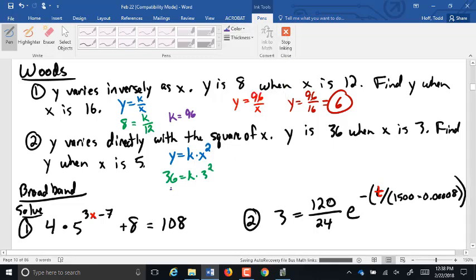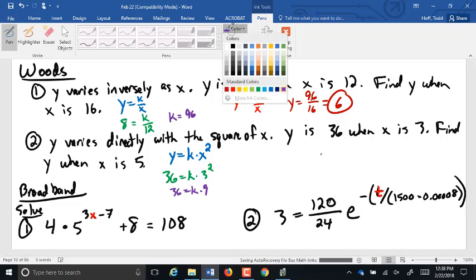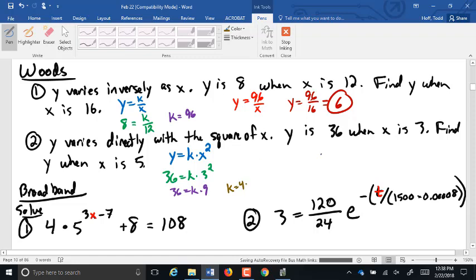We do actually have to square it, so 36 equals k times 9. We divide by 9 to get k equals 4. So y equals 4 times x squared, and then which is 100.